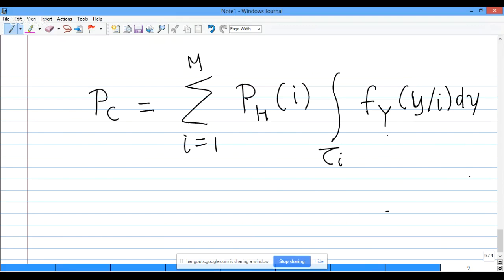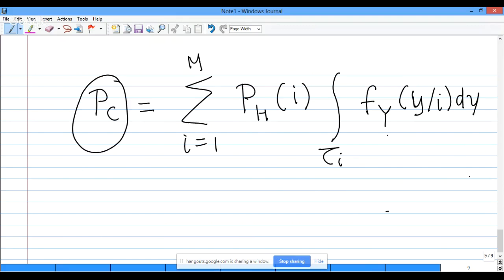So the decision rule that we are trying to derive is when we can have minimum error probability. Minimum error probability can be obtained when we have maximum probability of being correct. So what we want to do is maximize this quantity.